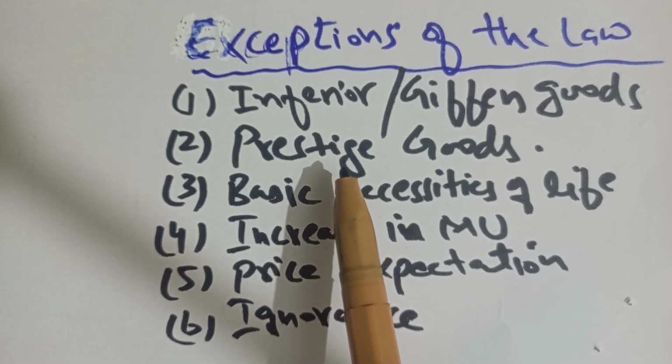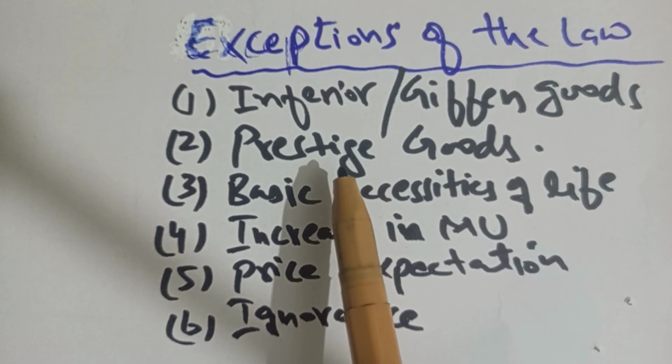The prices of these goods are so high that they are beyond the capacity of common people. The higher the price of a diamond, the higher its prestige value.